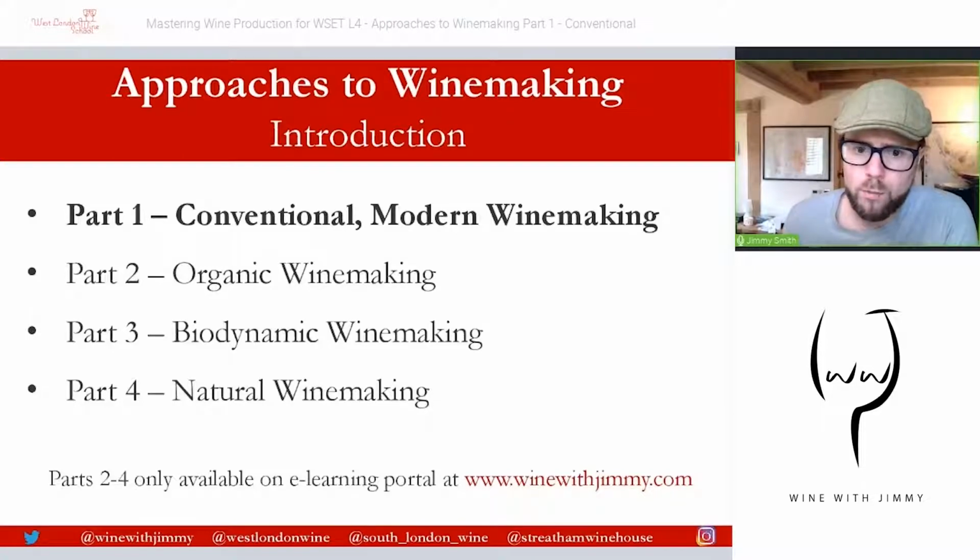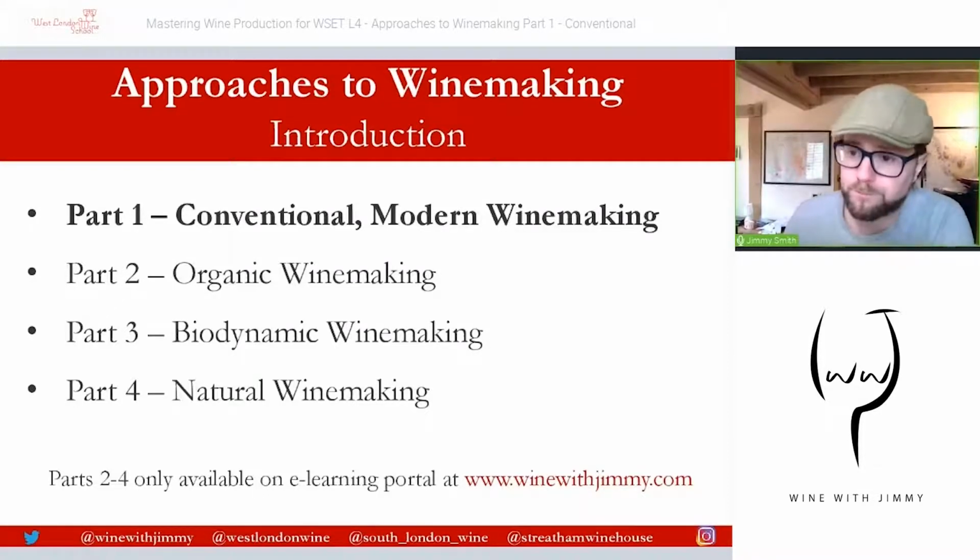So we will go through all of this. The aim really of conventional and modern winemaking is to produce stable wines which will reliably show fruity character and, of course, have no discernible faults, or what people may see as certain types of faults. So we're aiming to make quite a clean and stable wine through this technique.